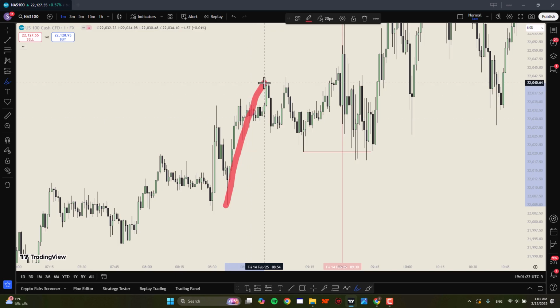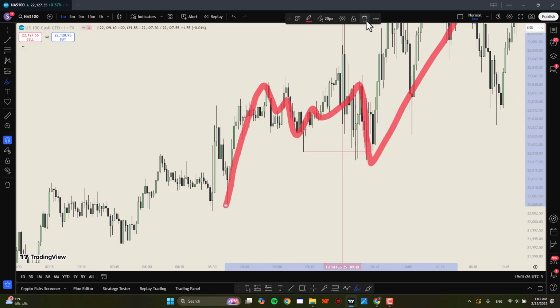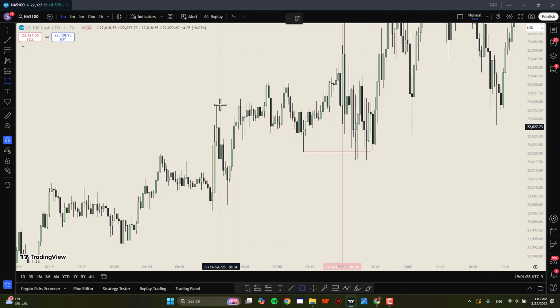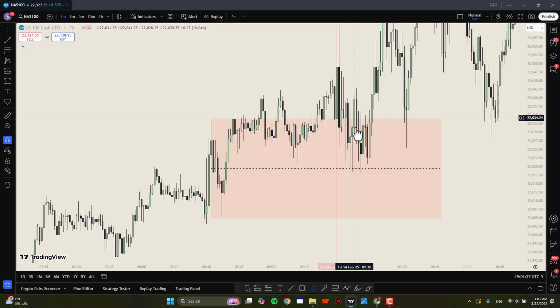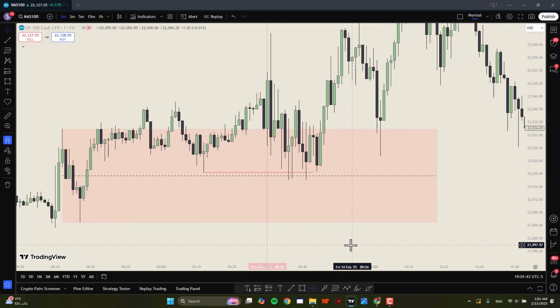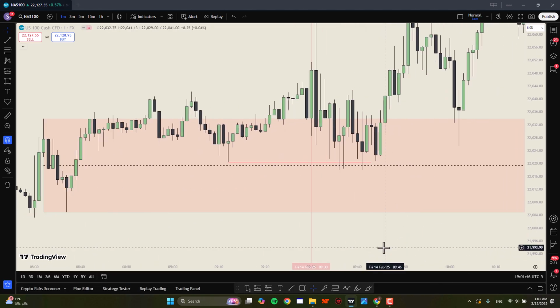We have an expansion, then some consolidation, then the pullback, and then another expansion, right? So let me show you this zone from here. Things will be obvious. So always look to trade at extremities. We have a beautiful run on a previous low. That's step 2 confirmed. Step 3, look for something bullish or bearish to get broken.